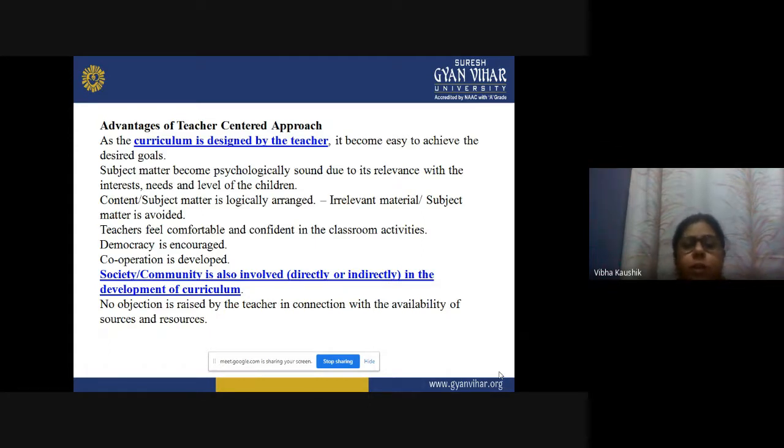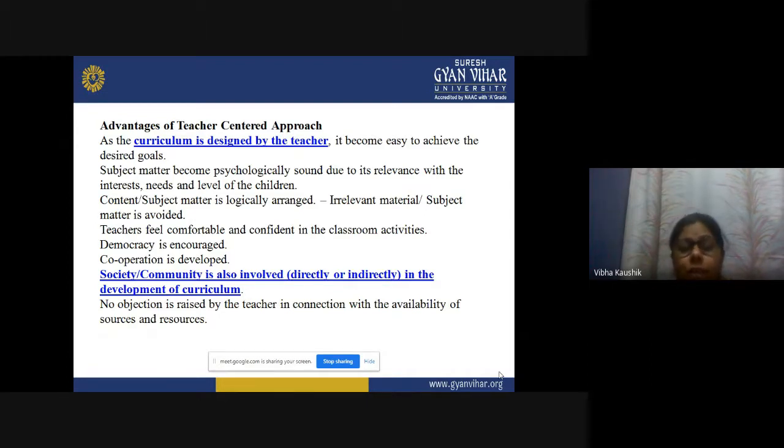Content and subject matter are logically arranged. It means, for example, if I am going to teach you the teacher-centered approach, then first I have to explain the concept of the teacher-centered approach. Then I have to teach you the advantages and the limitations of the teacher-centered approach.